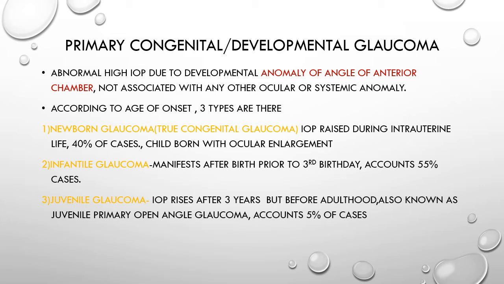During development itself, there is a deformity in the angle of the anterior chamber that causes a defect in the drainage of the aqueous and eventually leads to a rise in the intraocular pressure.